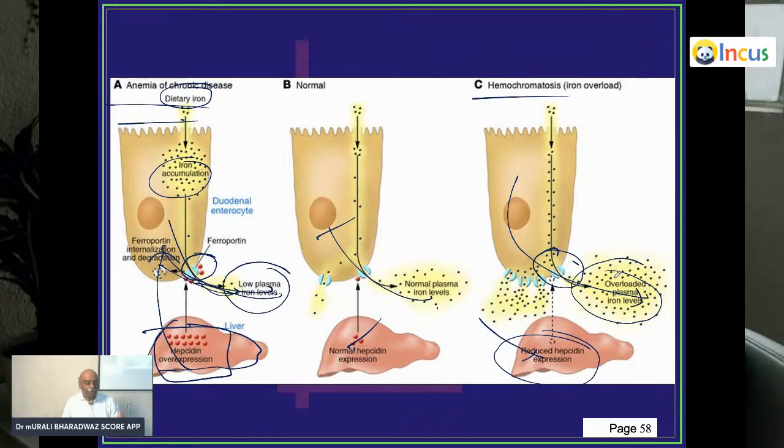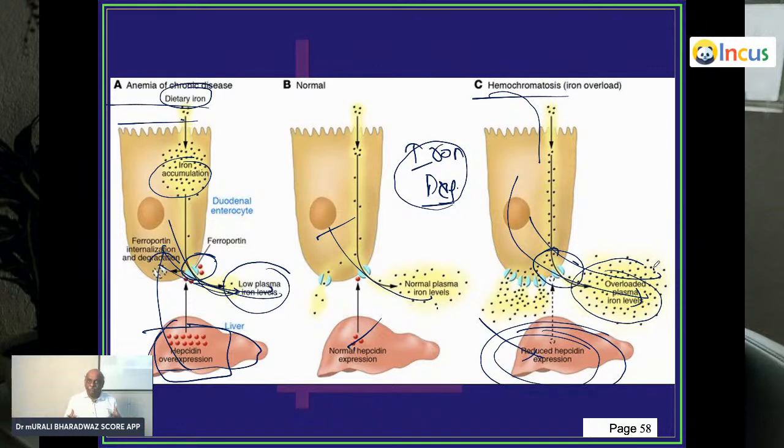Got it? So you need to remember one thing, doctor. If you have an iron deficiency anemia patient, even in him the hepcidin expression is low. That's the reason the moment you start iron therapy in an iron deficiency patient, initially hemoglobin will drastically improve, because the absorption is very high, because their hepcidin levels in iron deficiency are reduced, and that leads to ferroportin being hungry, waiting for the iron to be given by you.